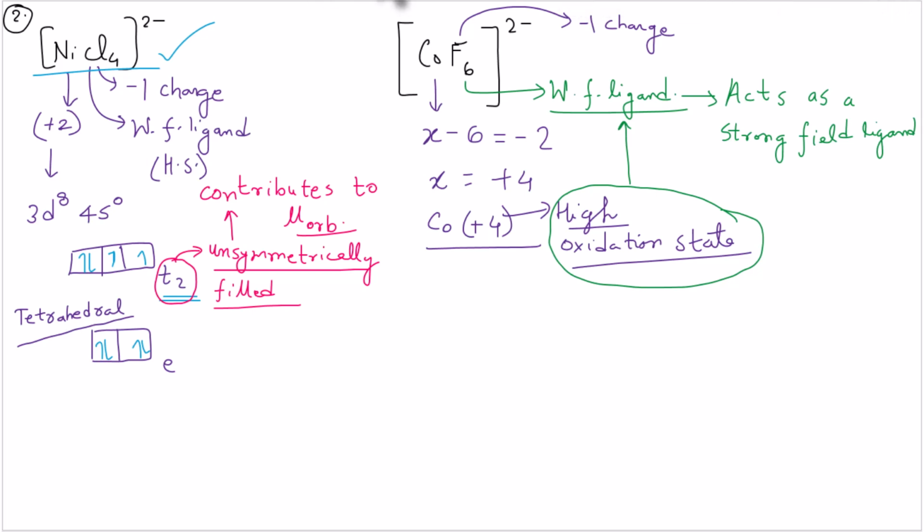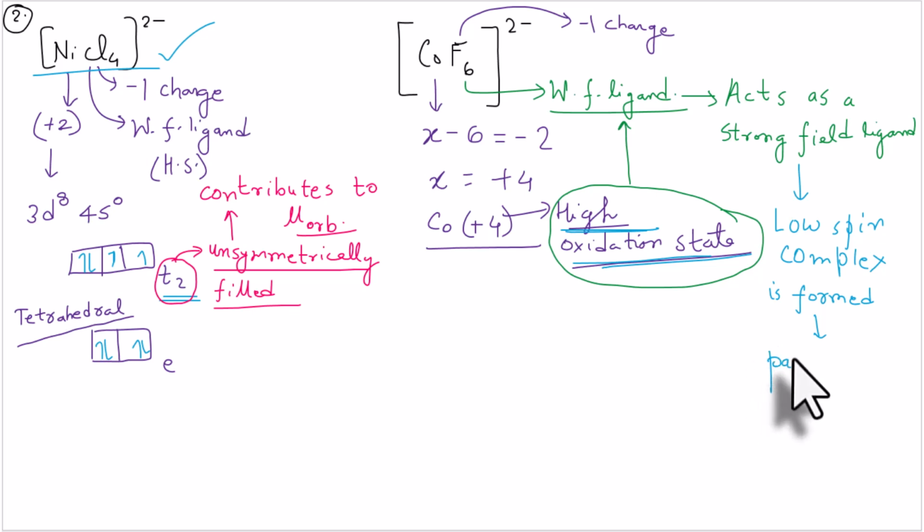Or in other words, you can also say that because of this very high oxidation state of cobalt, the complex is low spin. So a low spin complex is formed due to the high oxidation state of cobalt. That means pairing of the d electrons will be favored.